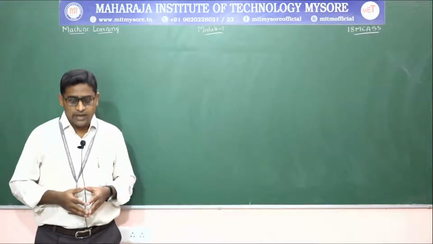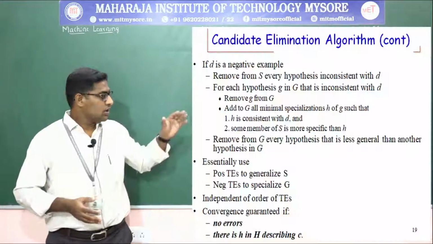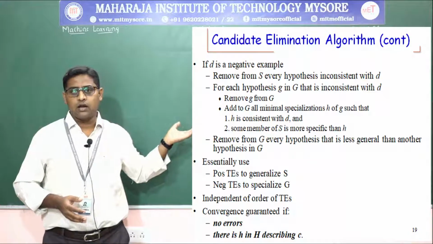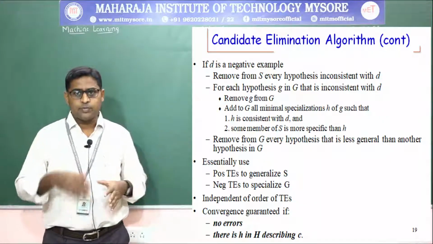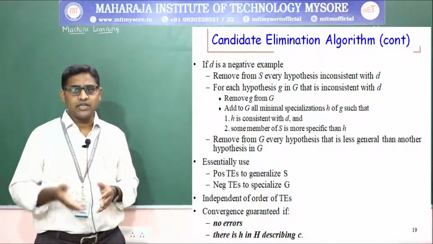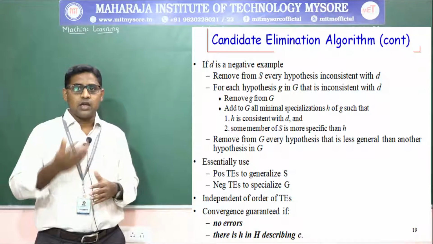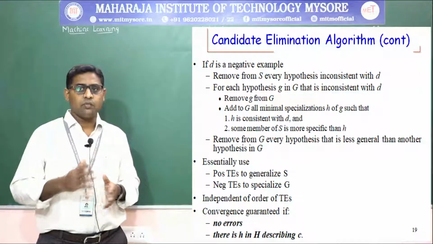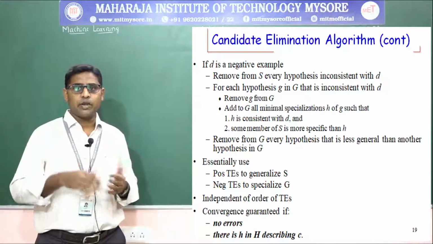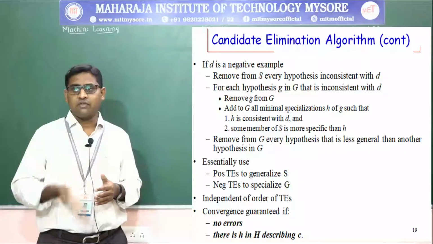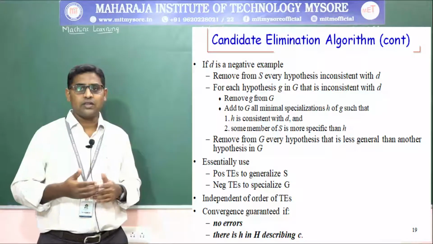Now to continue with the candidate elimination algorithm: the earlier slide was with respect to d being positive. Now if d is negative, we need to remove from S every hypothesis which is inconsistent with d.